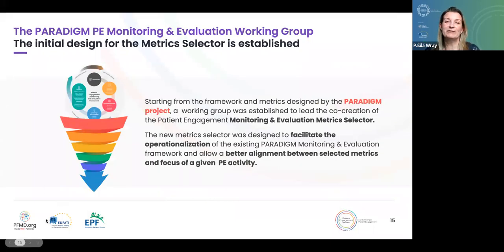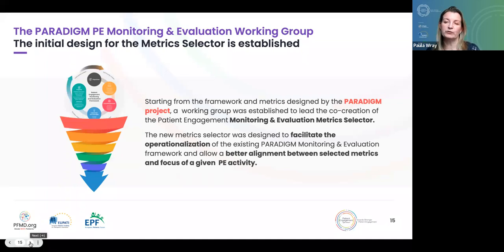As with everything Patient-Focused Medicines Development does, a co-creation working group was pulled together, including people from the Paradigm team, patient associations, patient representatives, industry representatives, and wider researchers, just to understand how this was going to translate.